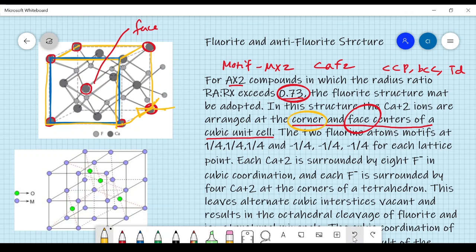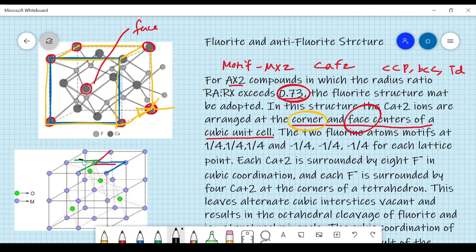So you have 4 different possibilities of connecting this. Imagine this particular atom there, and this atom is shared by how many cubes? This cube, then this cube, second one, then this one, third one, and then this one, fourth one.